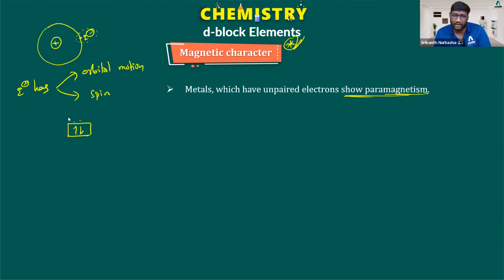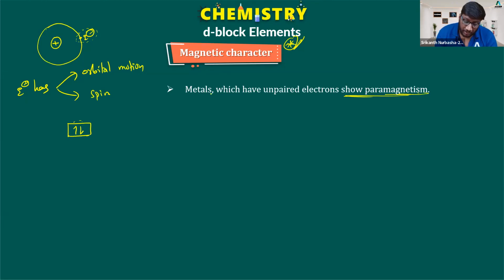Because of that magnetic field of unpaired electron, if that species which has unpaired electron is taken towards an external magnetic field like a bar magnet, you have attraction of that particular species.